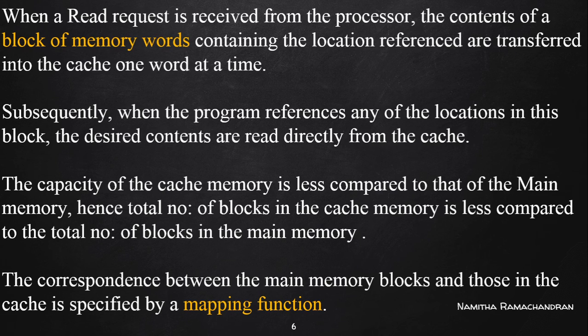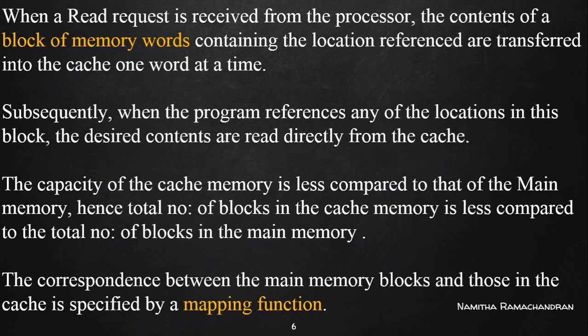Suppose the cache memory is completely filled with certain blocks from the main memory and the processor requests a new memory word. In that case we need to transfer a new block of memory words from our primary memory that is not currently available in the cache memory, but the cache is almost full. We don't have enough space to hold the new block.